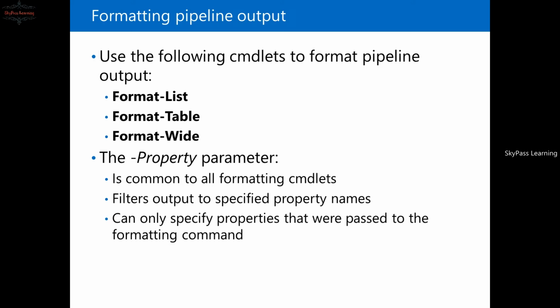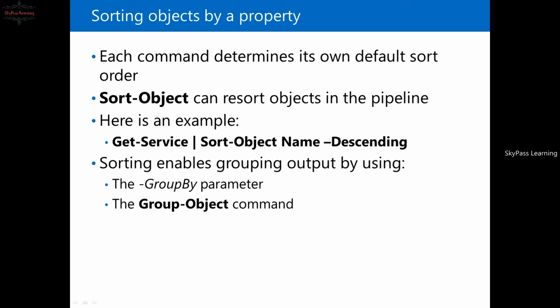Apart from that, we have a custom formatting option like Format-Custom, which I have not mentioned here, but that requires an XML configuration file. With the help of that, you have to set the XML configuration file, and with that, it will show your custom formatting. Let me quickly go back and see how it's working.